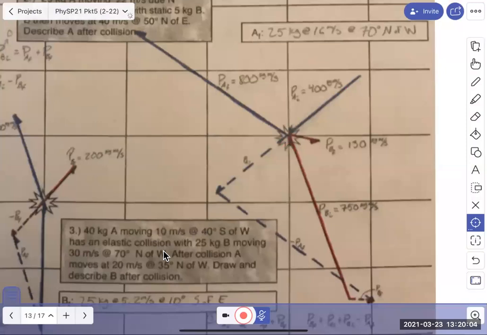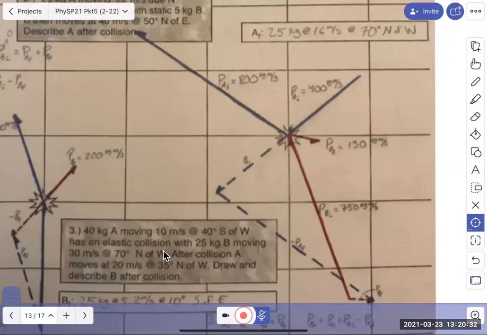Then A comes in, gets hit by B, and takes off. Conservation: it doesn't lose its mass. So it goes from 400 kilogram meter per second to 800 kilogram meter per second. Since the mass didn't change, A must have come in, got hit by B, doubled its speed, and then went off in that direction. Like maybe billiards.